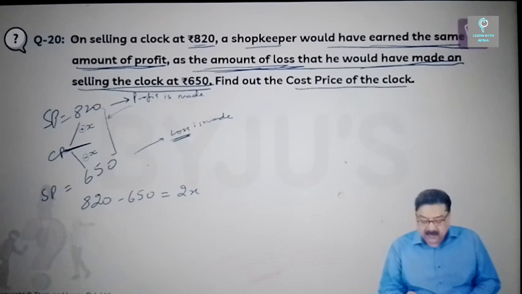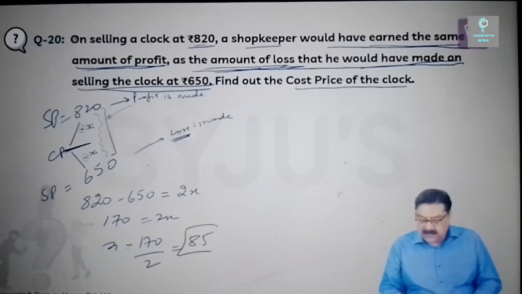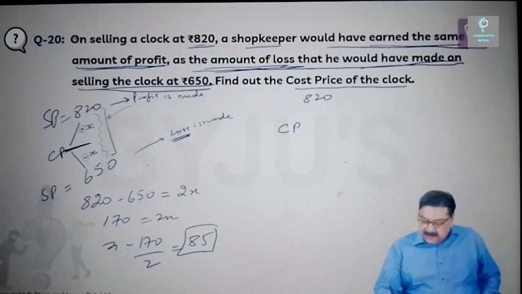That is this much. 820 and cost price, x rupees is the difference. From cost price to 650, minus x is the difference. So the overall difference between 820 and 650 has to be 2x. So 820 minus 650 is 170, which is equal to 2x. So x here equals to 170 by 2. That is rupees 85.